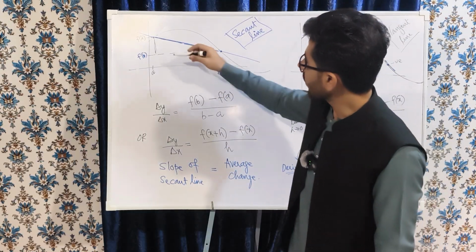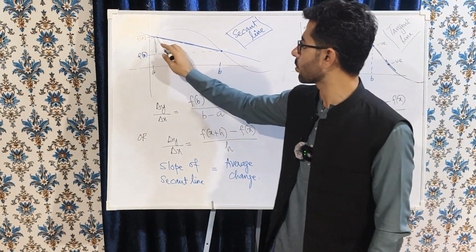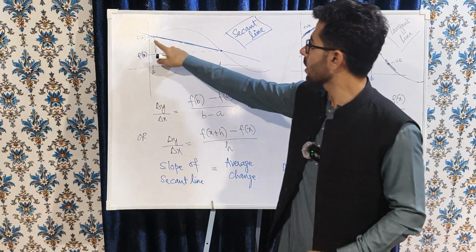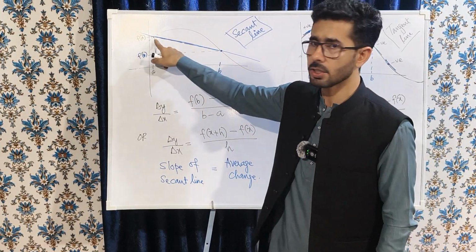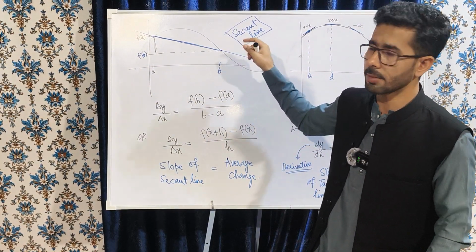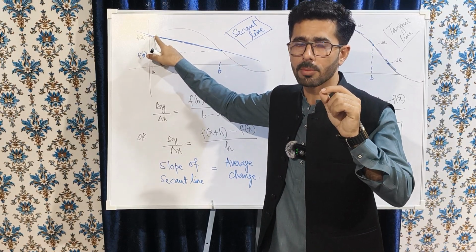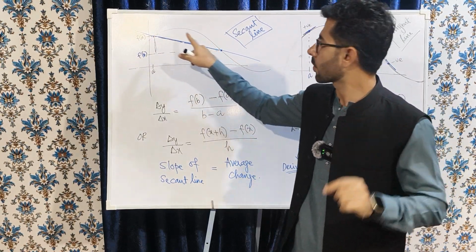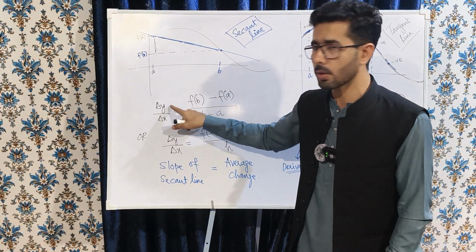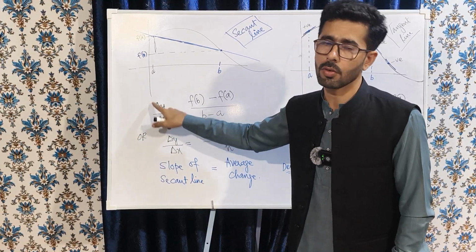Okay, if my function has fallen from a to b, then this line from a to b represents a secant line. We call a line that touches the function at two different locations, or crosses the function at two different points, a secant line. So now I'm studying the behavior of the function from a to b, from the outputs at a to the outputs at b, and I'm looking at this ratio, delta y by delta x, which is rise over run or fall over run.